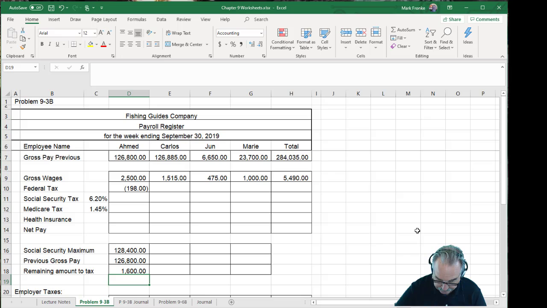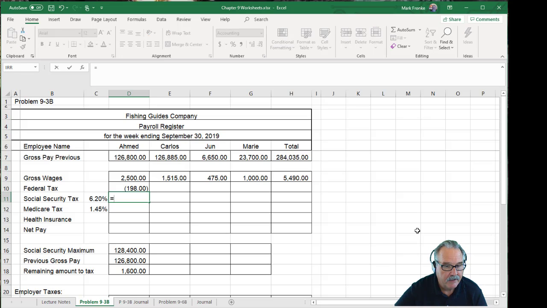So we're not going to tax him on his gross wages because his gross wages are more than the remaining amount to be taxed. So I'm going to multiply that $1,600 times a negative 6.2%. That's $99.20. So for his Medicare tax, there is no wage base.